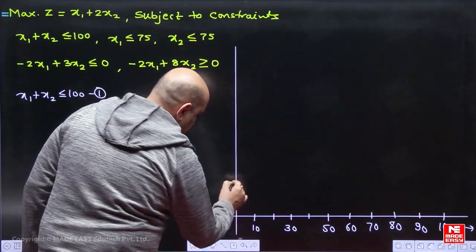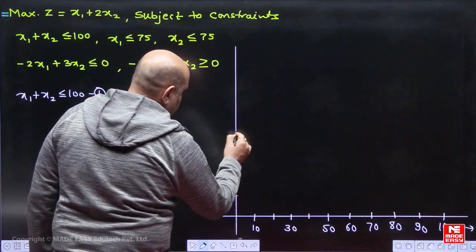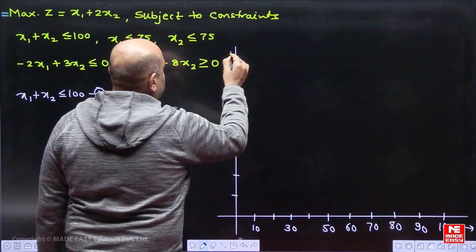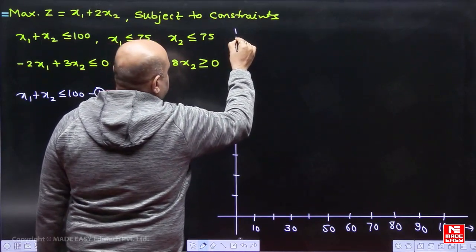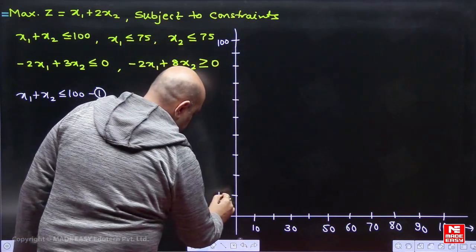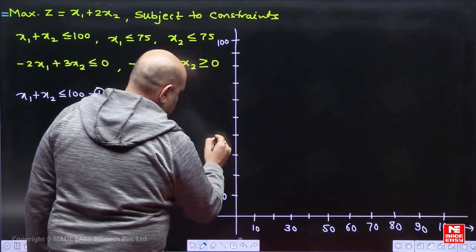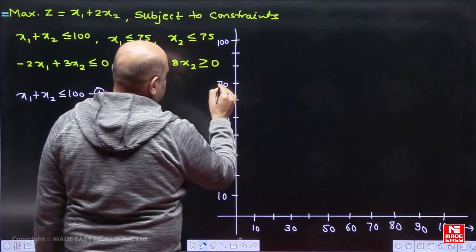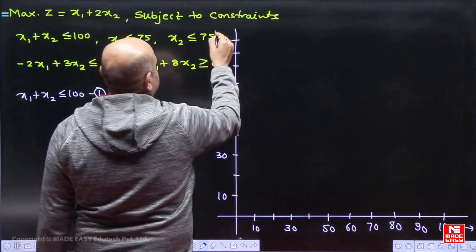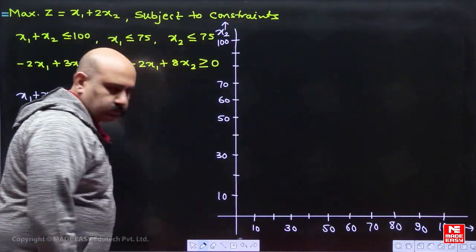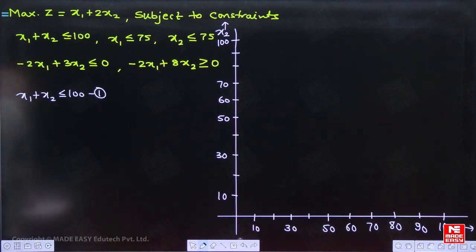Similarly, now see, so first of all x1 plus x2 less than equals to 100.